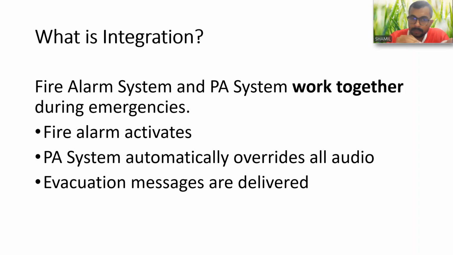And when the public address system receives the signal, all the emergency evacuation messages will override the normal public announcements. Okay, so they will be in priority during the time of emergency, and those messages will be played in the building. So this is how the fire alarm is integrated with the public address system.